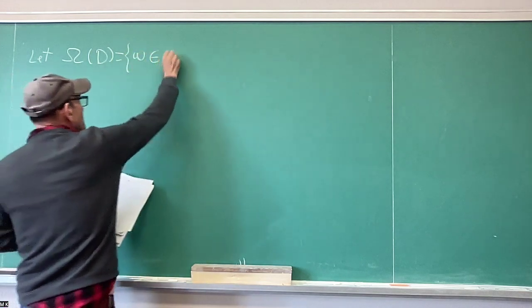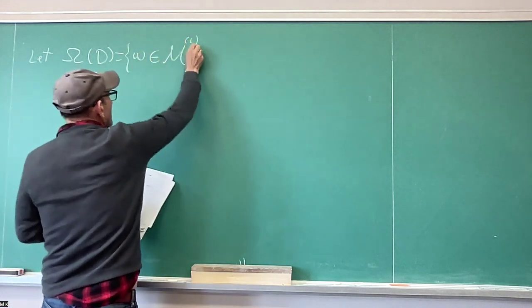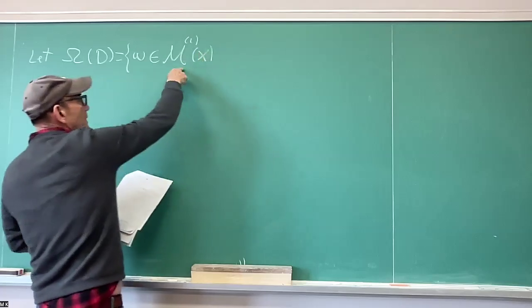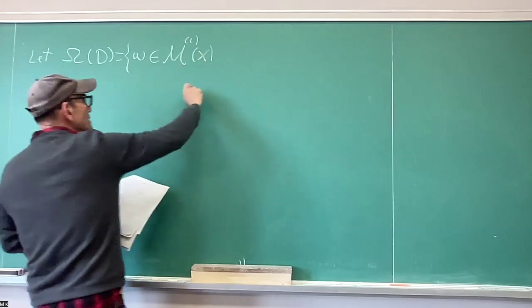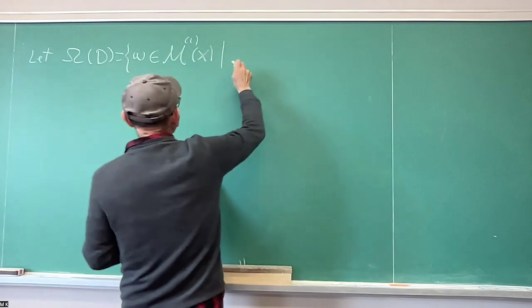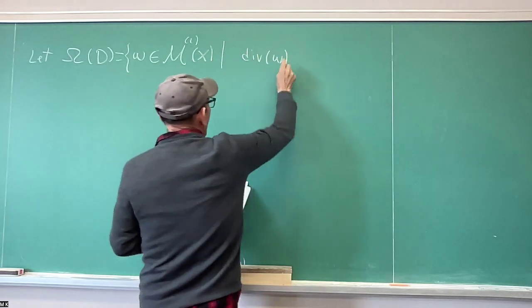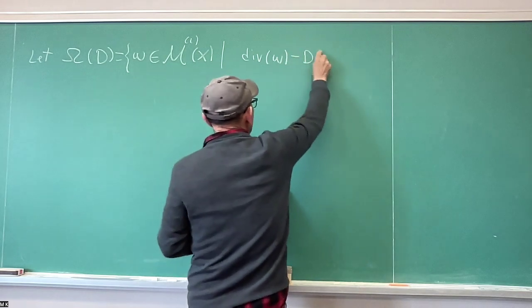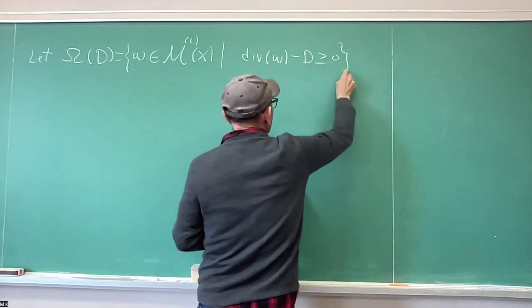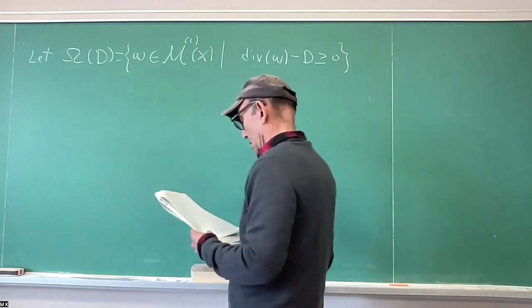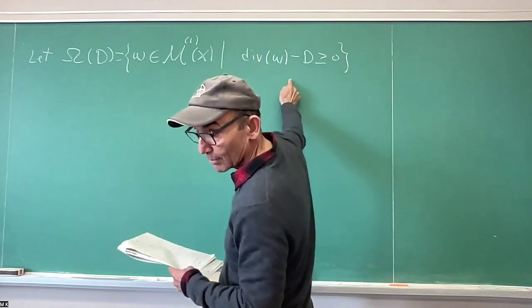I'm going to introduce a notation which I call M1 of X. So this is the space of meromorphic one forms on X, such that the divisor of omega minus D is bigger than or equal to 0. Yes, so we change sign now.